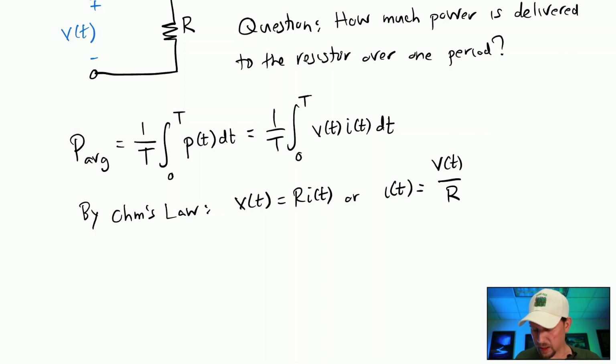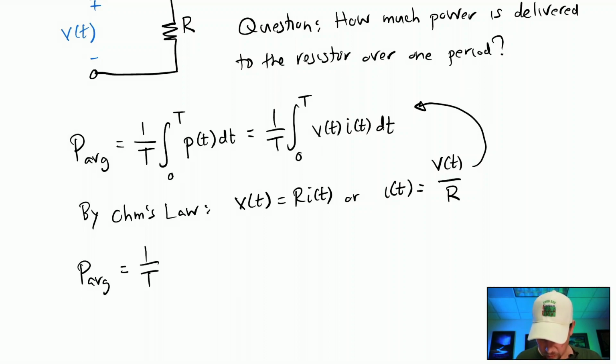So one of the things that I can do to simplify this is I can just place that straight up in there. Right. In which case, the average power then becomes 1 over the period, the integral from 0 to the period. And what we actually have is 1 over R, v squared as a function of time, integrated with respect to time.